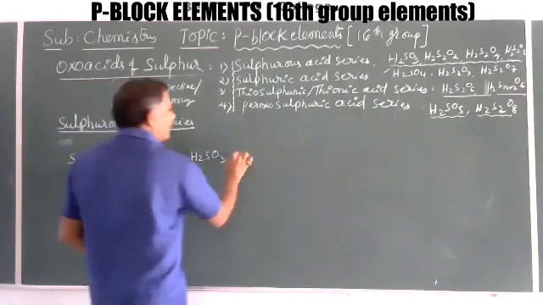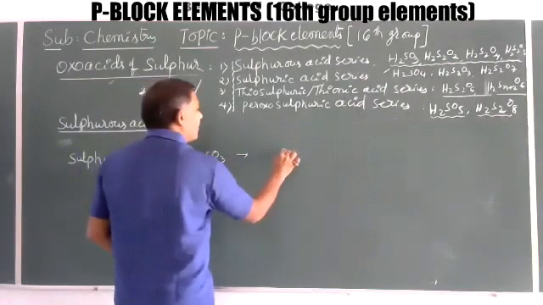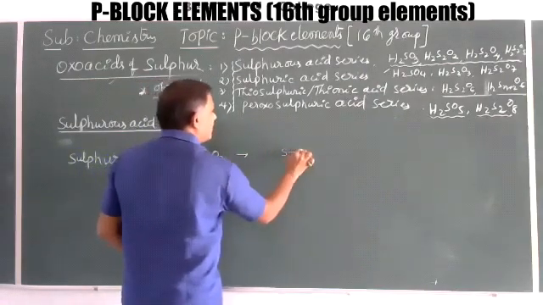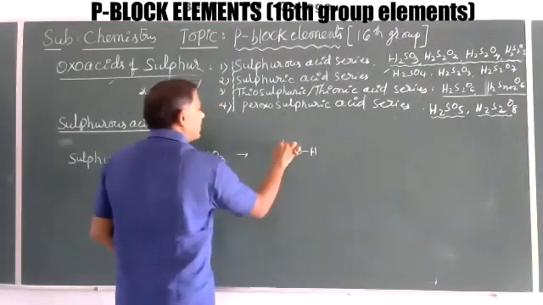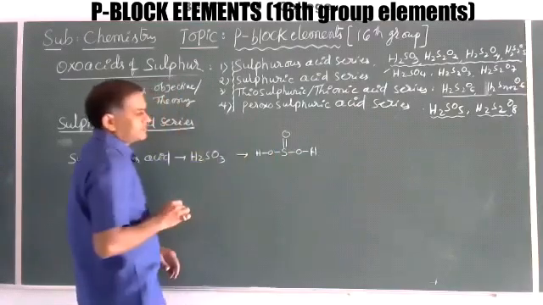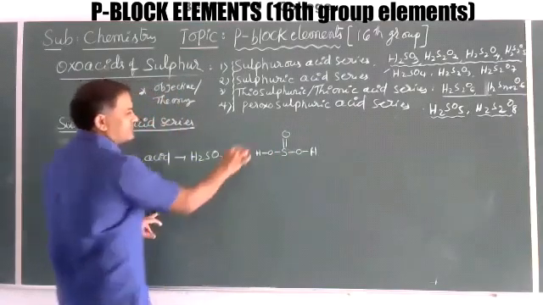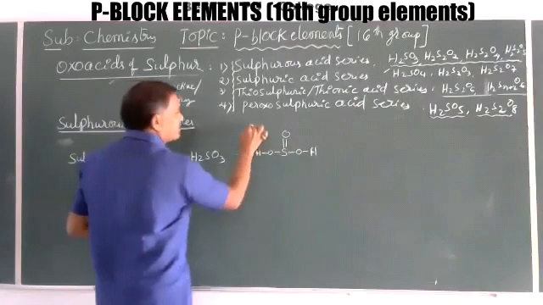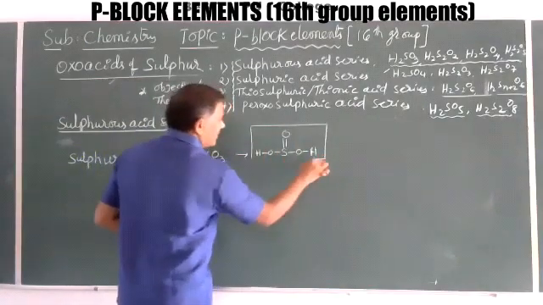Its structure has one sulfur with an OH bond, a double bond to O, and another OH bond. This is the structure of sulfurous acid.